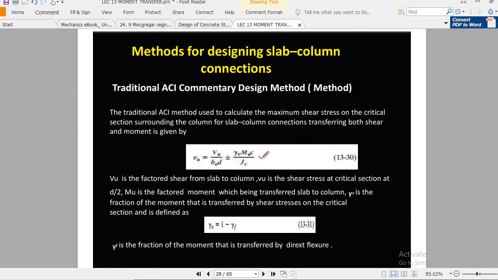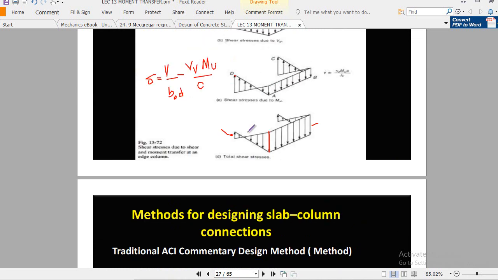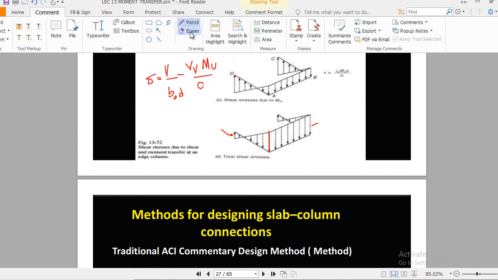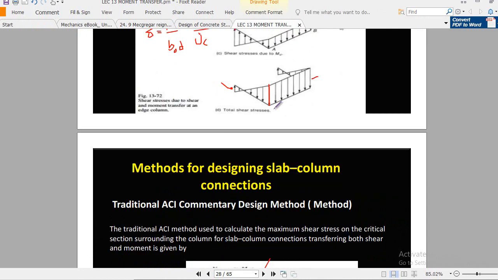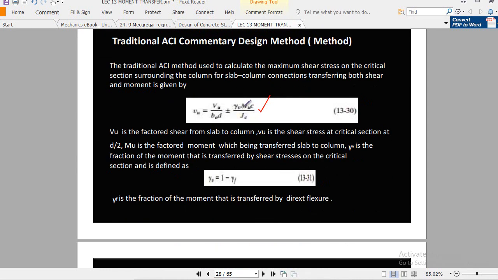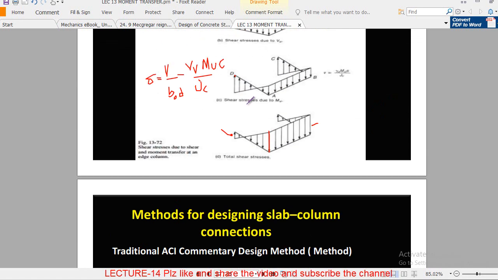This is the formula which I already explained, and sorry for this, this is JC, right? This is JC. We will understand JC. There we have C, right? And this is the basic equation which I already explained, and you already know that this is Vu, right?